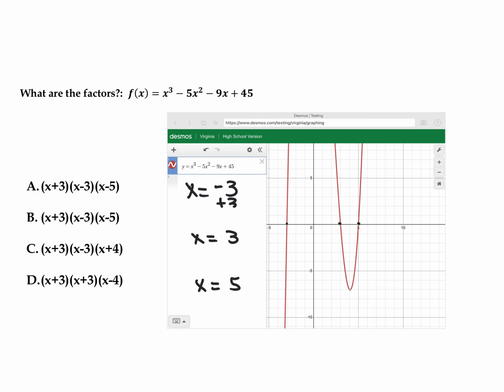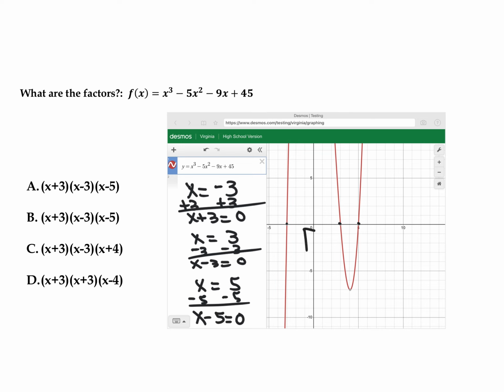So I'm going to add 3. And I get x plus 3 equals 0. Subtract 3. And I get x minus 3 equals 0. And subtract 5. And I get x minus 5 equals 0.